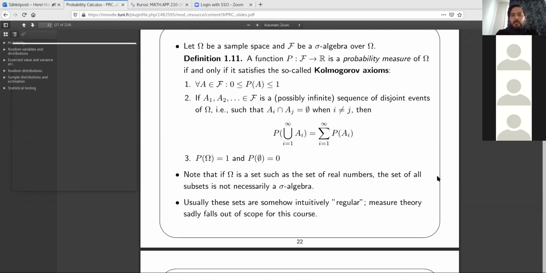As long as it's a sigma algebra, it's fine. Intuitively speaking, the sets need to be some kind of regular sets, normal sets. And if you are really interested in the higher mathematics of this, then take the measure and integration theory course. It has a lot of fascinating stuff on sigma algebras and Borel sets, but that's not an issue today.